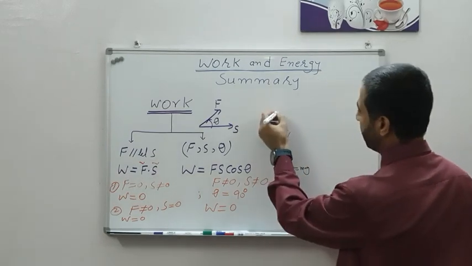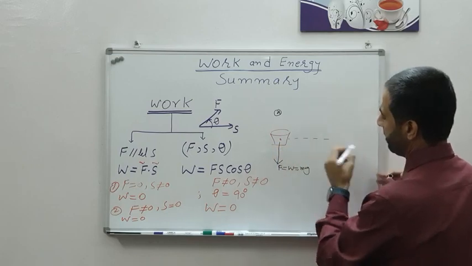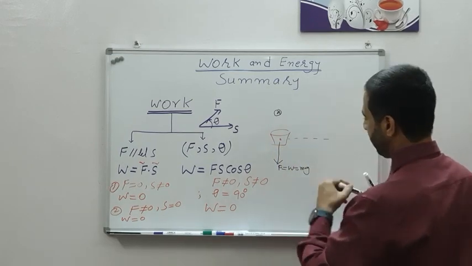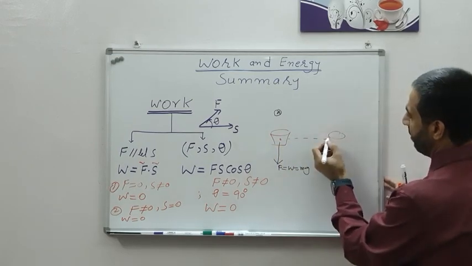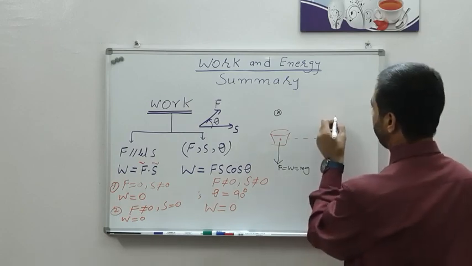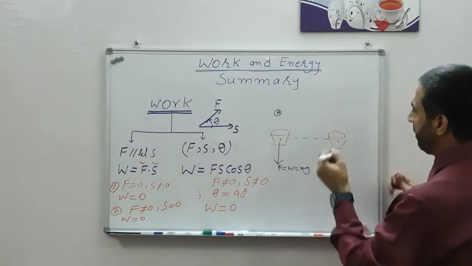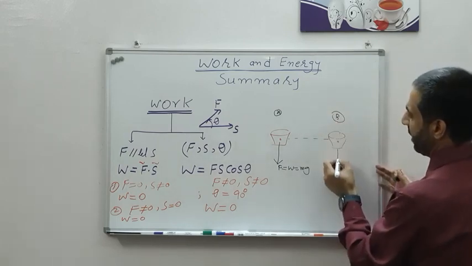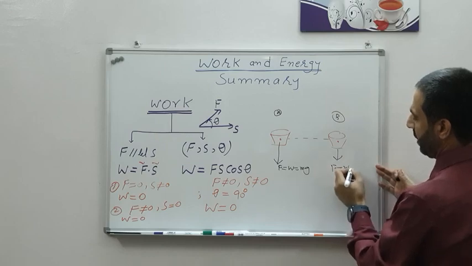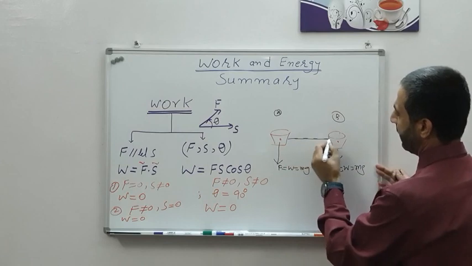For example, this is point A, and you displace the basket to another point at the same height, not changing the height, to a new position B, with still the same weight, equal to mg. This is how you have made a displacement.